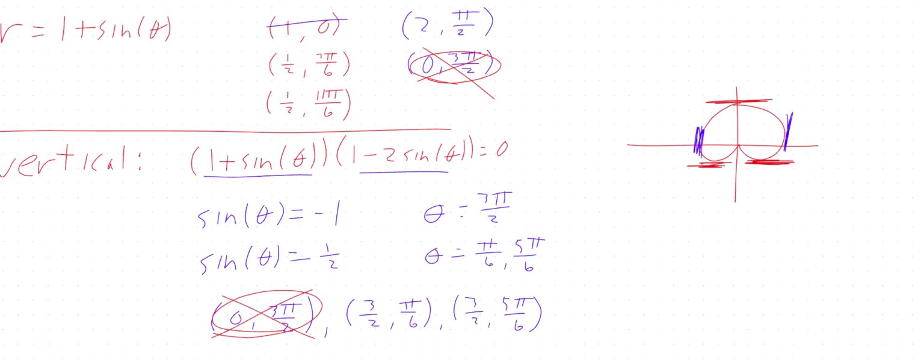That makes sense. But the one that we crossed out, the 0, 3 pi over 2, that's our cusp. So something weird is happening there. It's not differentiable. Therefore, a 0/0.